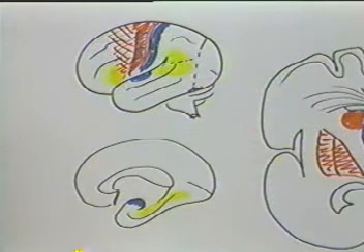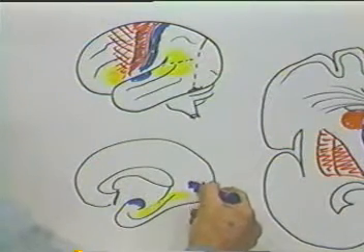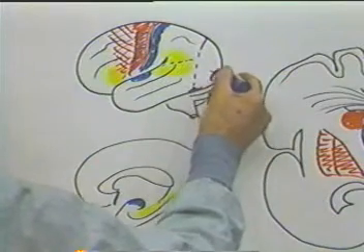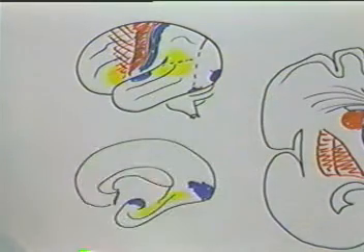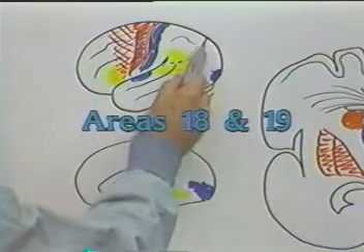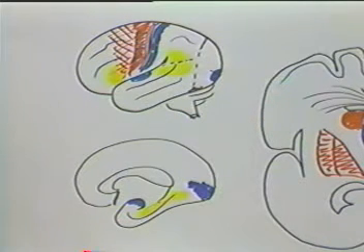This area is important for the perception and recognition of visual stimuli. The other parts of the occipital lobe, areas 18 and 19, are also related to visual functions of increasingly more complicated nature, such as color vision and perception of depth and movements.